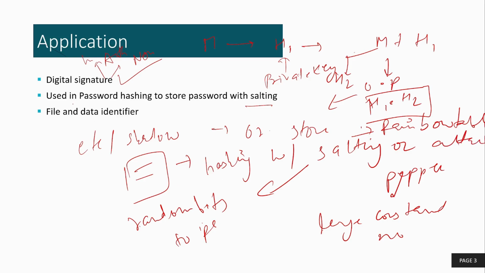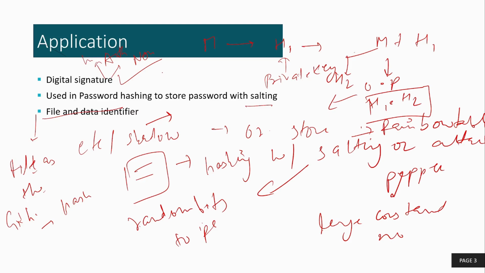And the third is file and data identifier. This is used to verify if the file is the same as what was sent. You might have seen that if you download any application from GitHub, it asks you to verify the checksum or the hash to check that it is the same as the shared one. Or if you download some sort of application, it is different from code signing, but it is also another application.